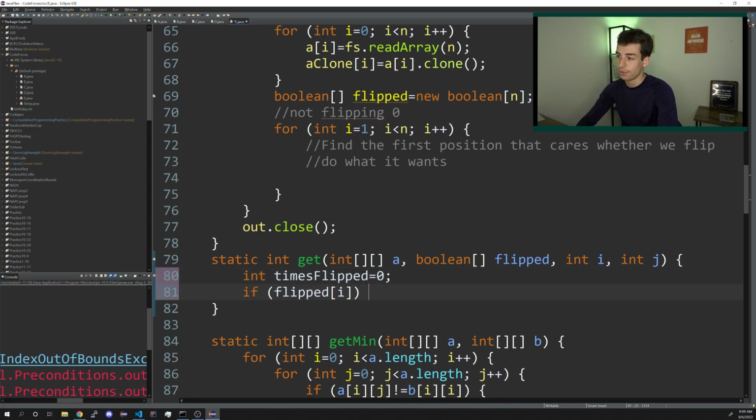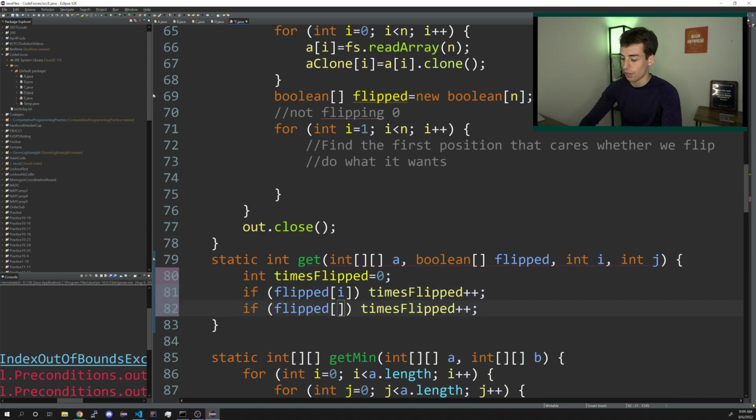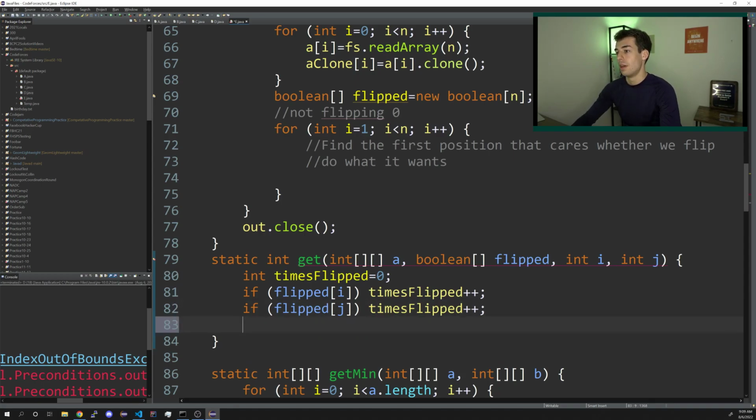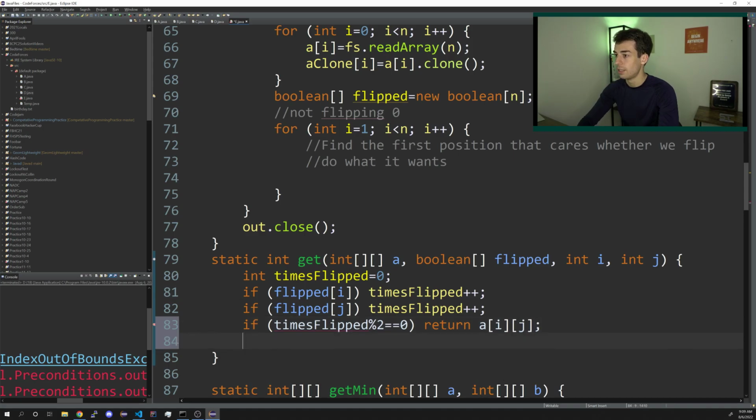If flipped at i, then it's one more than that. And same thing if we flipped index j. And then we need to say whether we should read it or not. So if times flipped mod 2 equals 0, then return a at ij. Otherwise return a at ji.